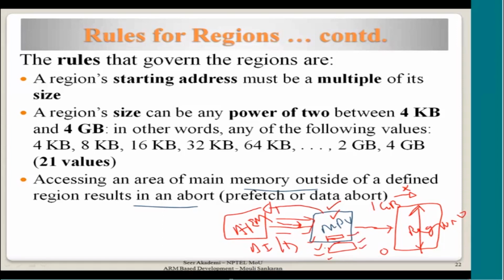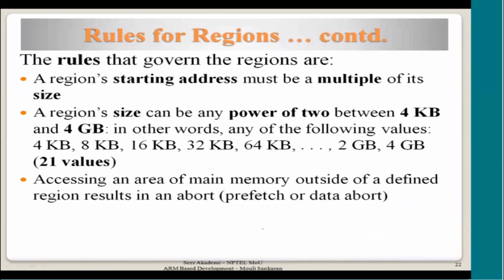It's all done in hardware. That's why I'm telling you it has to be done in hardware, because this happens every clock cycle: the comparison of all the addresses to see whether each is allowed or not. It needs to be done in a single cycle, so you can't do it in software. It has to be done in hardware, but you configure it using software and then leave it to the MPU to do its job. Okay, I hope this is clear to you.